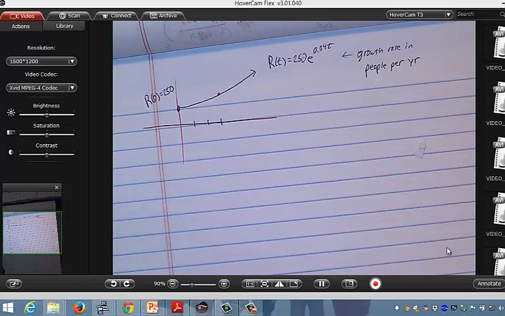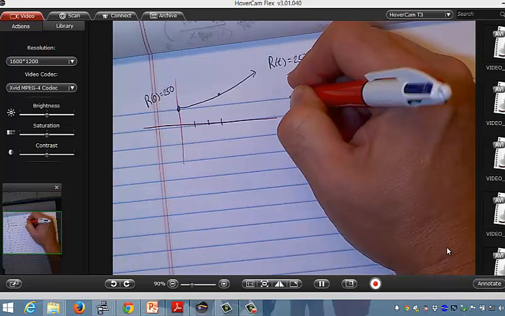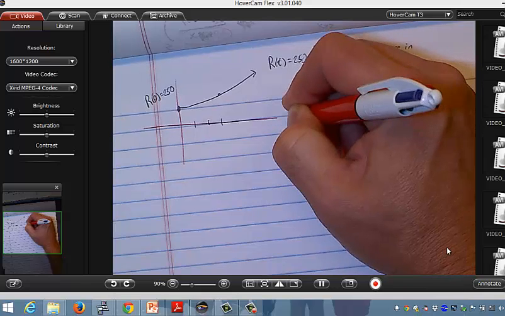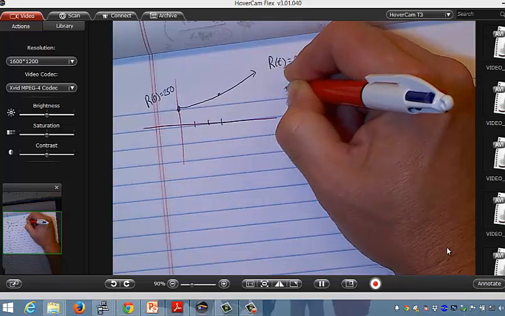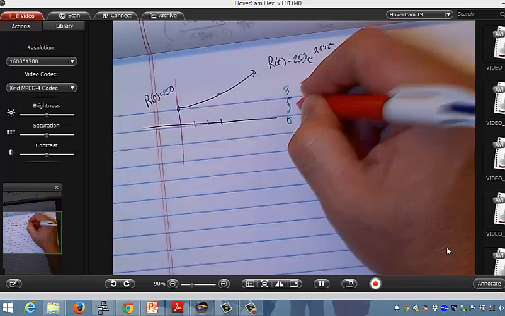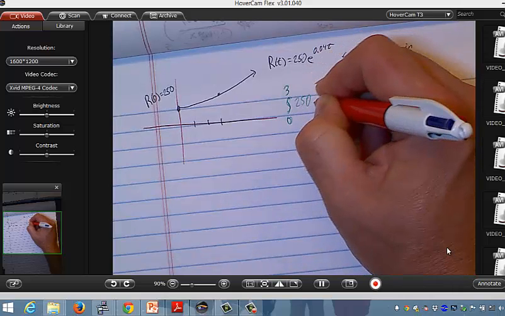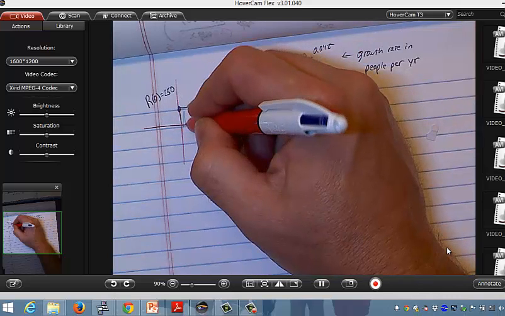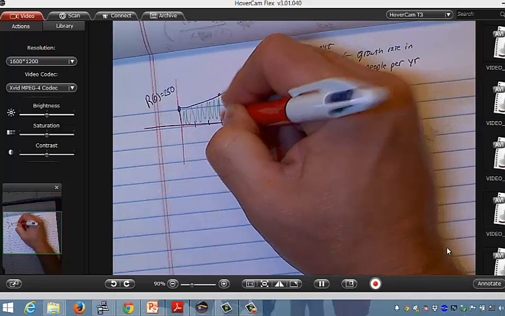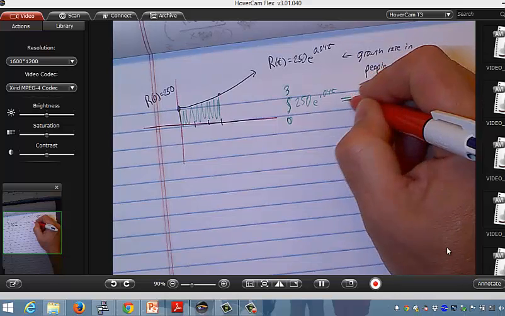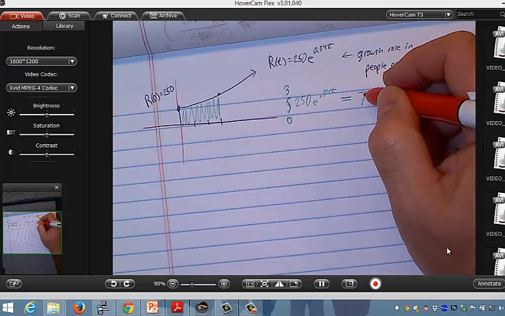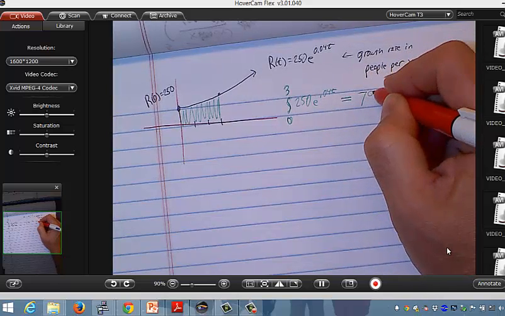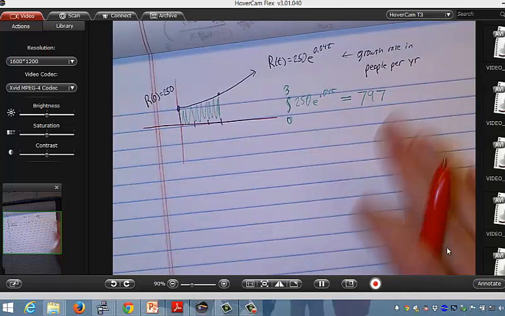But in part A, when you evaluate the integral from 0 to 3 of this 250 e to the 0.04 t, what you're doing is finding this area. I think you all worked it out and got 797, about 797 if you round.